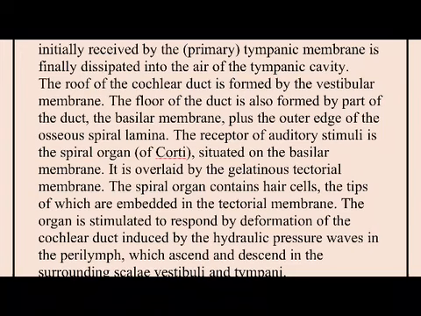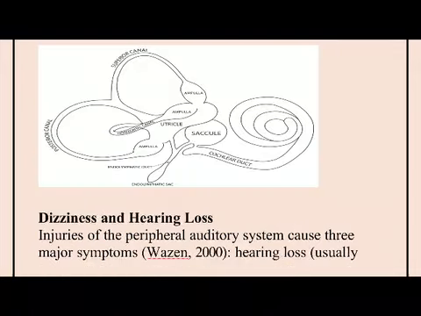The spiral organ is stimulated to respond by deformation of the cochlear ducts, and this stimulation is induced by hydraulic pressure waves in the perilymph, and these pressure waves ascend and descend in the surrounding scala vestibuli and tympani. Whole structures are illustrated here.